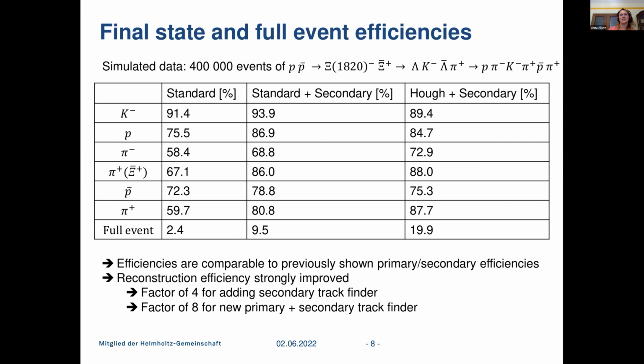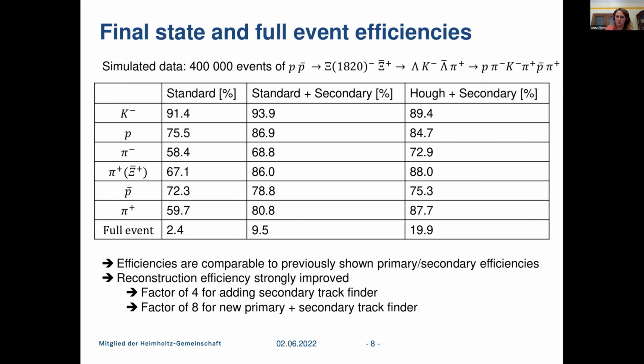Yeah, of course, I looked at this. I also know that the Hough transformation is not perfect because I saw it when I wanted to port it on a GPU. The Hough transformation is really not well suited for a GPU, and therefore, of course, in the PANDA experiment we have several different approaches for track finding.